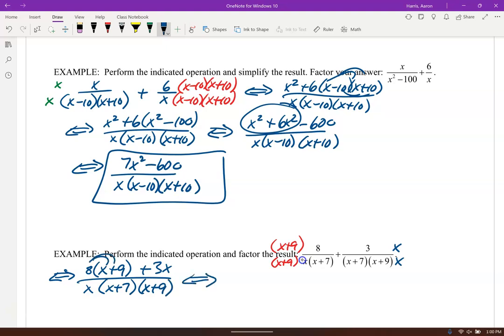Go ahead and distribute that. So I got 8x plus 72 plus 3x. Well, 8x plus 3x is 11x plus 72. And we're actually all done right there. Can't factor anything more on that numerator there.